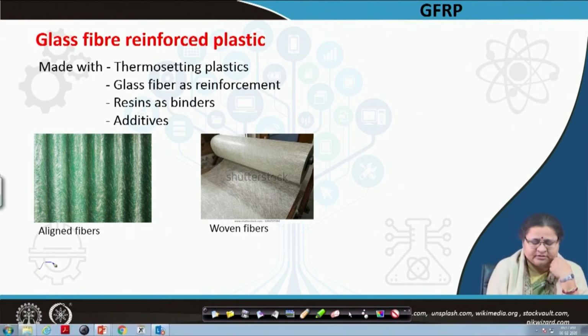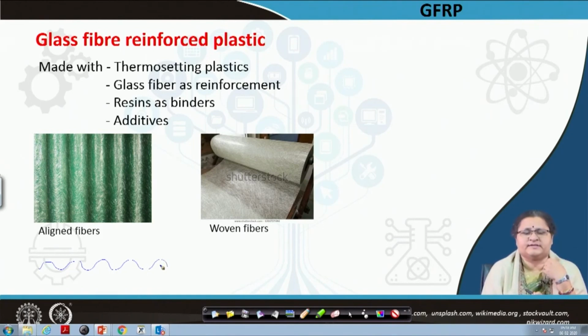The corrugation is in the direction of the glass fibers. It is not in the opposite direction. But with the woven fiber, you can have the corrugation in any direction, or else you can use it as a plastic sheet, reinforced plastic sheet, glass fiber reinforced.